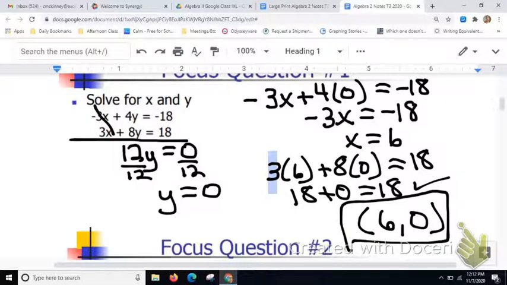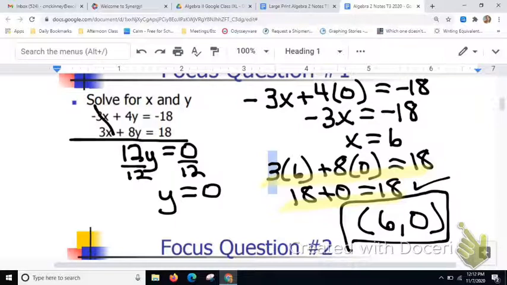I do not require that you show me these two lines, but that is a way that you can be sure that your answer is correct. So you have a way of checking your solution by making sure that it works not just for one equation, but this helps me know it works for the second equation also.